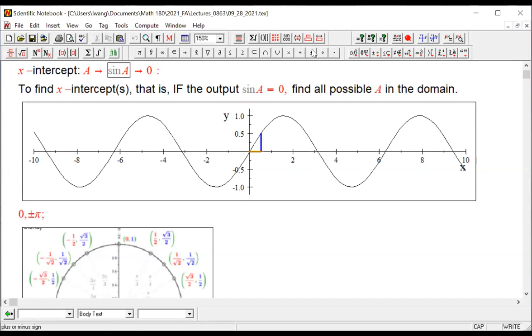Plus minus 2 pi. Plus minus 3 pi. Does the list go on? Yes. If that list goes on, does that include all possible inputs such that the output is 0? Have we left anything out?